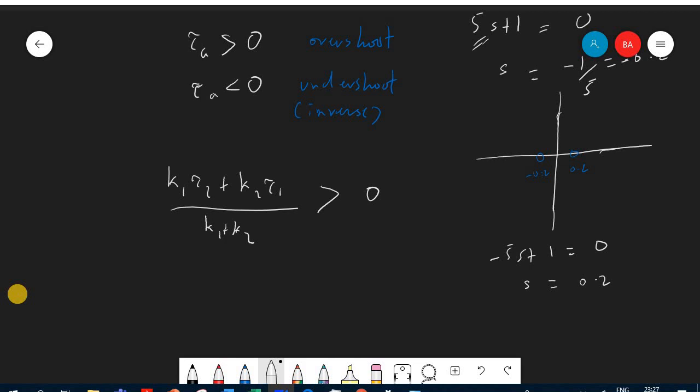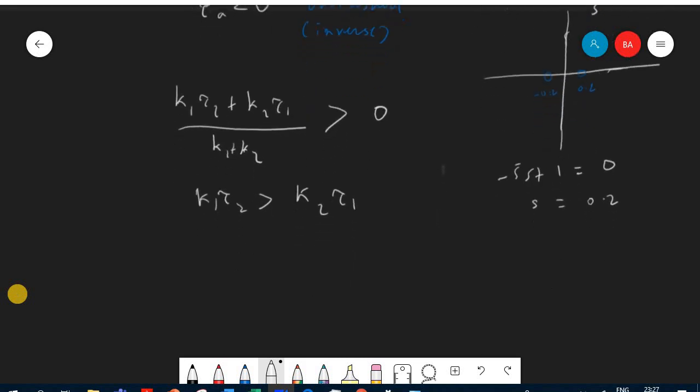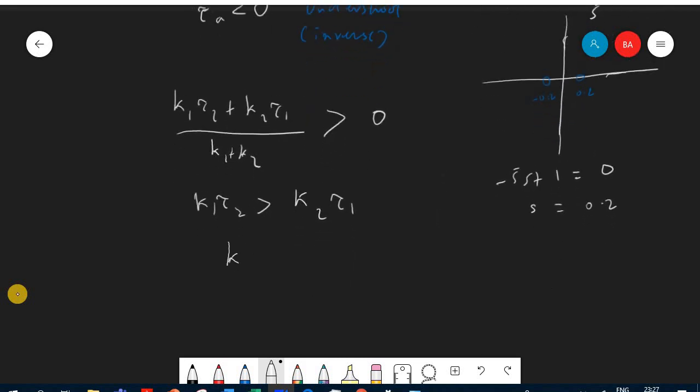And in this case, of course, the denominator is going to cancel out, so we will have K1 tau 2 is greater than K2 tau 1.